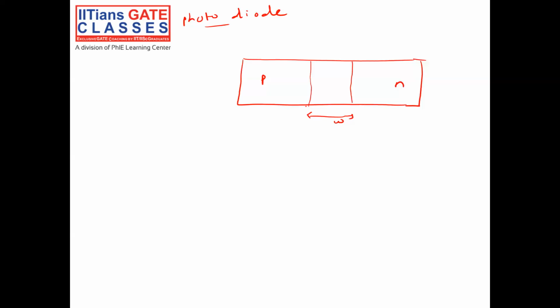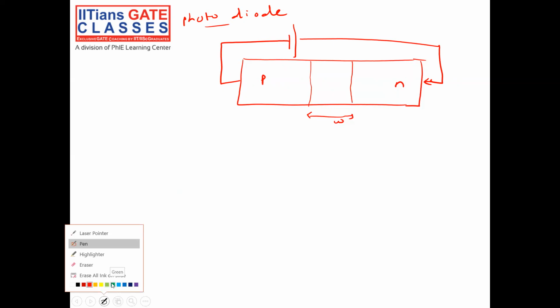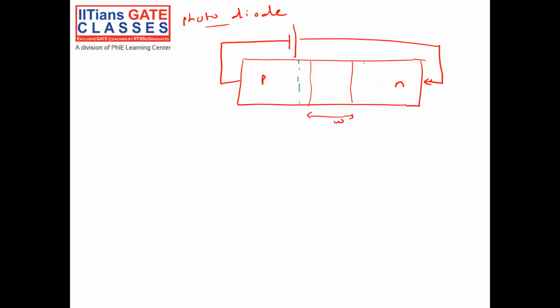What happens if I apply reverse bias? The P side is negative and the N side is positive. The electric field increases and the depletion width will increase like this, to W1. W1 corresponds to V1, and W corresponds to V equal to 0.